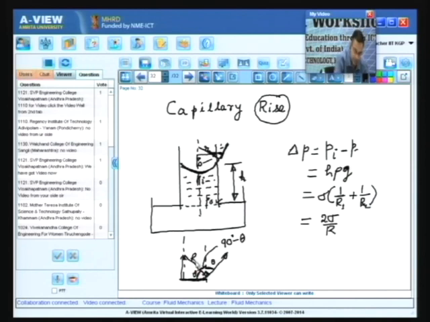Remember that this is capital R and this is small r. Small r is the radius of the tube and capital R is the radius of curvature of the interface. So, we can write small r is equal to capital R cos theta.